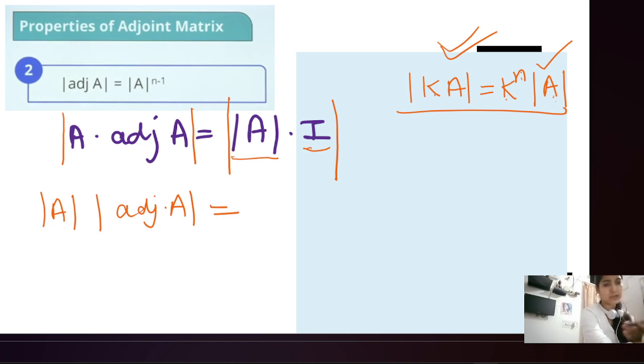When any number comes out, it takes the power of the order of the matrix. So let us suppose the order of I is n. So we will get here determinant of A to the power n, and here we are getting determinant of I.